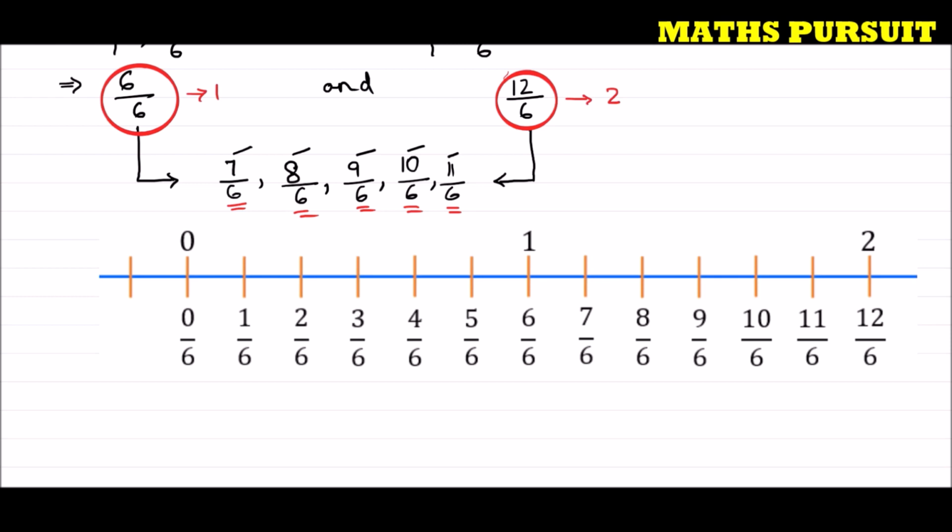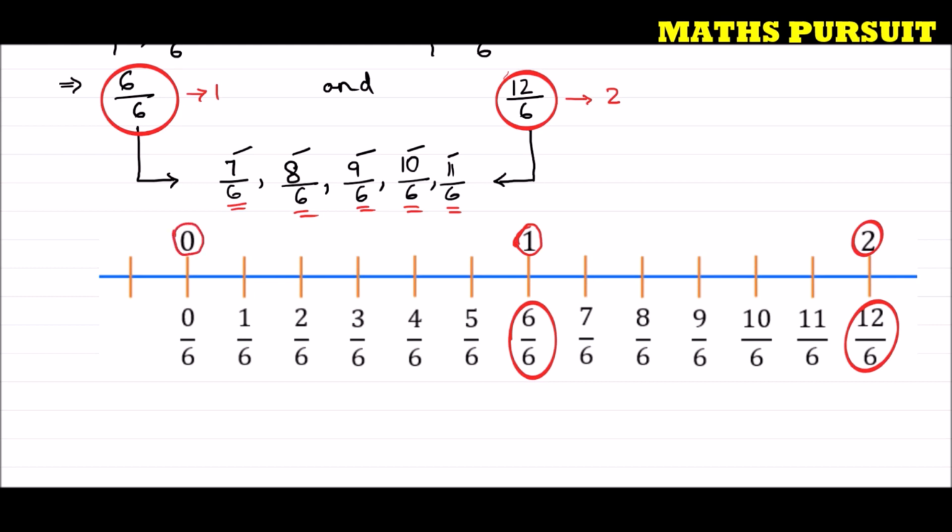Now if you look here on the number line, our 1 lies here. We got 1 as 6 upon 6, and 2 as 12 upon 6.